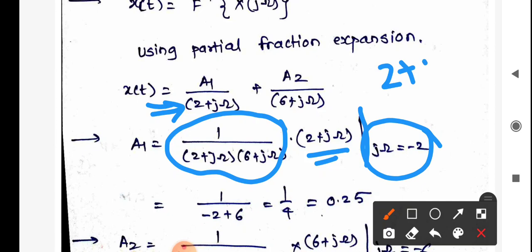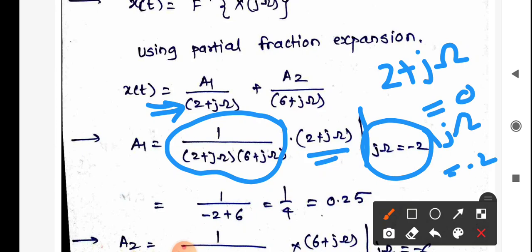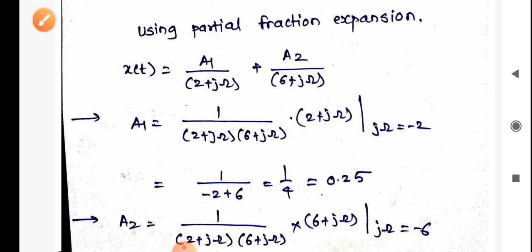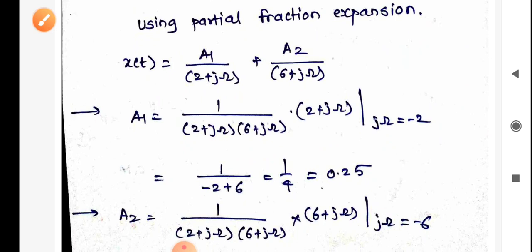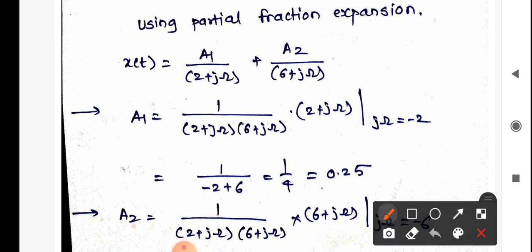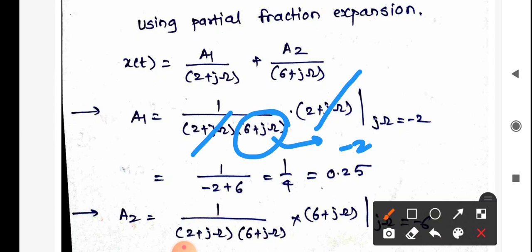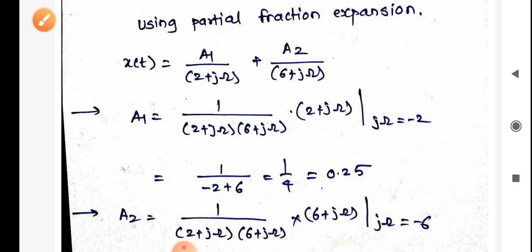Why? Because 2 plus j omega equals 0, that's why j omega equals minus 2. If I evaluate this, this thing and this thing cancel. What remains is 6 plus j omega. In place of j omega, just keep minus 2. 6 minus 2 comes to be 4. 1 by 4 comes to be 0.25, right?